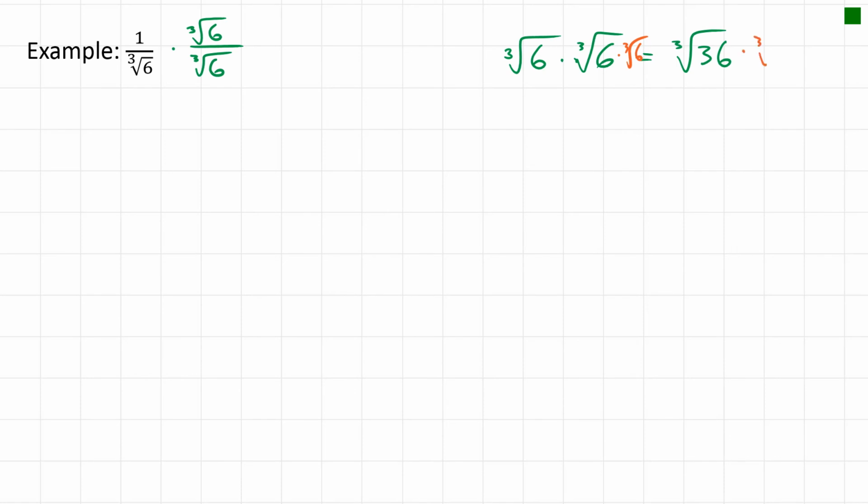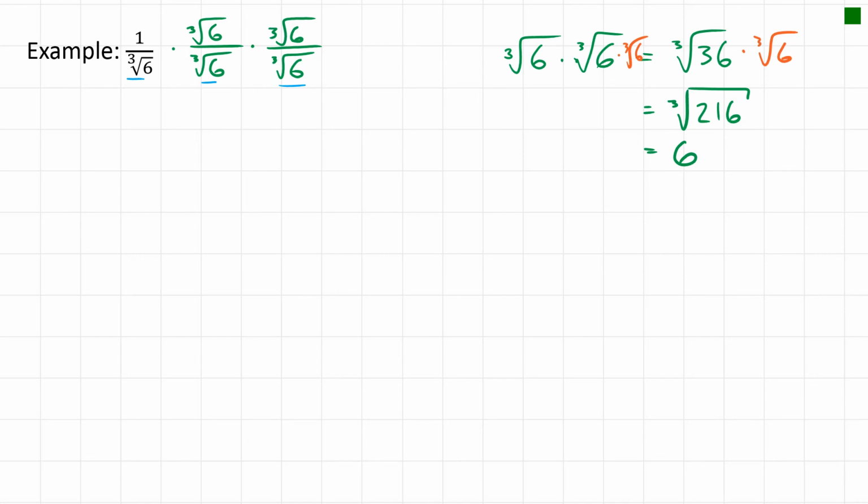If I multiply by another cubed root of 6, that would be 3 cubed roots of 6, which is 6 times 6 times 6, which is 216. And 216 does have a perfect cubed root, which is 6. So I actually need to multiply top and bottom of this fraction by the cubed root of 6 twice. The reason being I now have 3 cubed roots of 6 multiplied together.